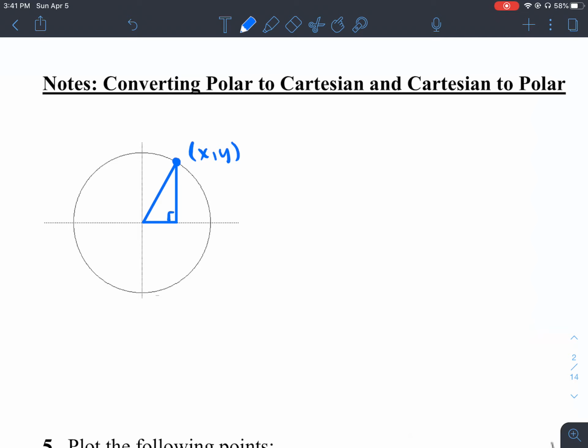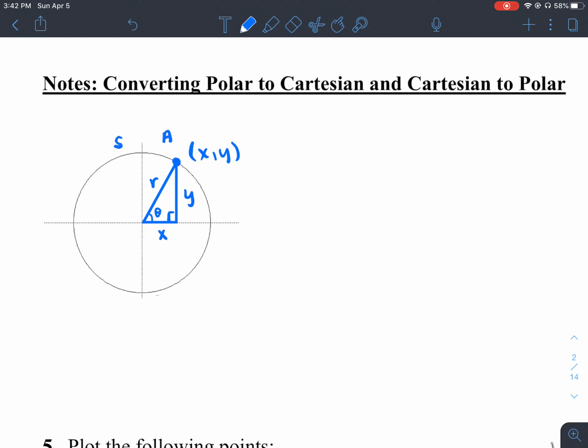If we write it as (x, y), then the horizontal leg, this leg right here, is my x. My vertical leg is my y, and we said r was the radius of our circle. It's also the hypotenuse of that right triangle. And in that right triangle, we have an angle, which we're going to call theta.